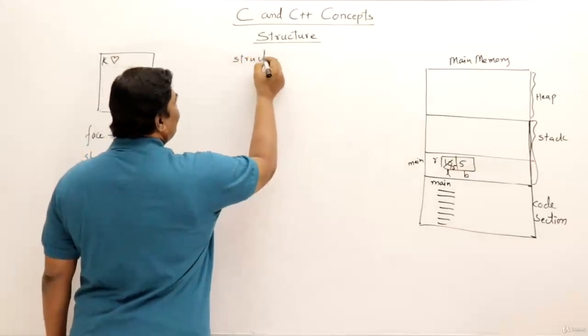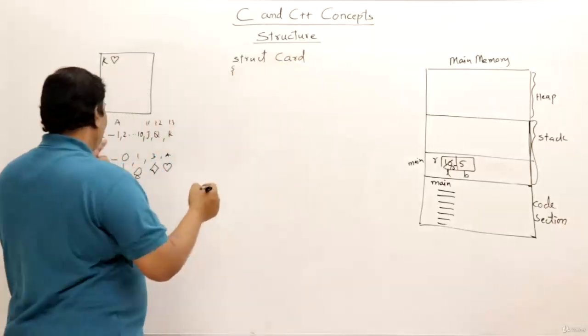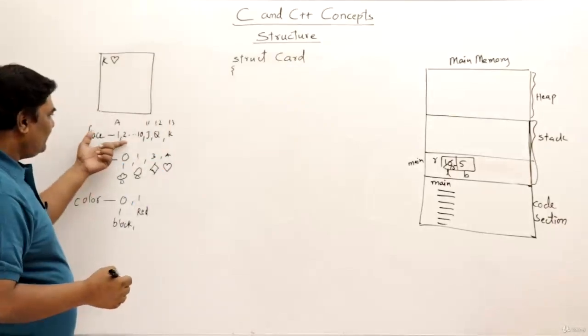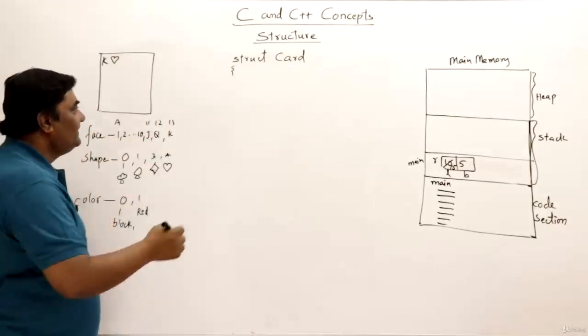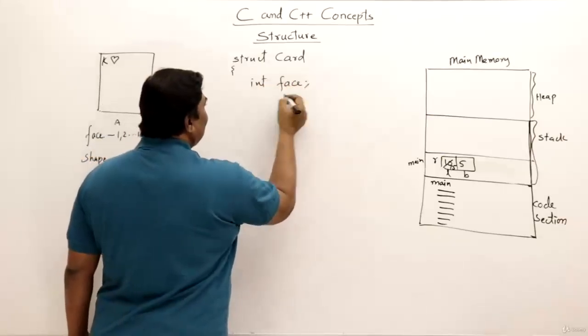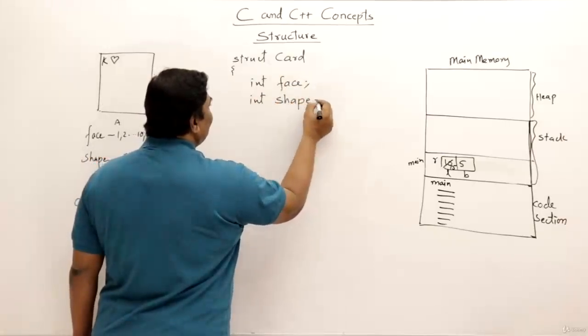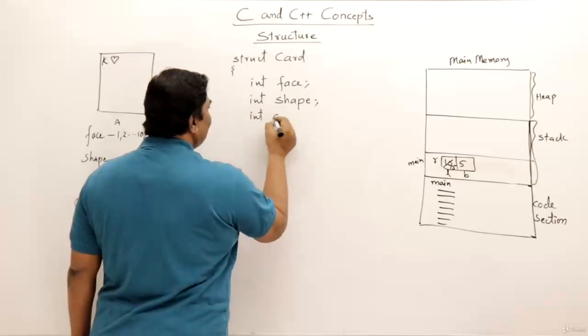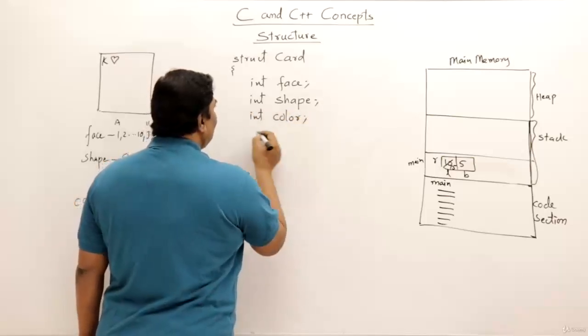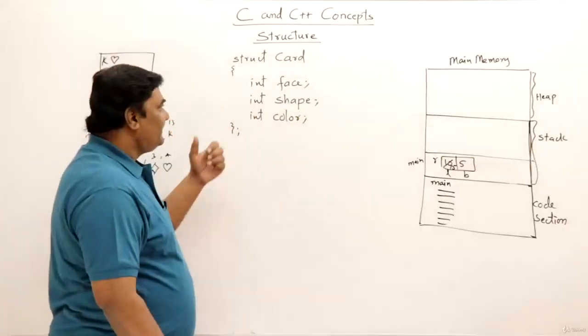Struct card. What are the members? All these are integers only. First one is integer face value, the second one is integer shape, and the third one is integer color. This is how we can define a playing card. So this is the definition.